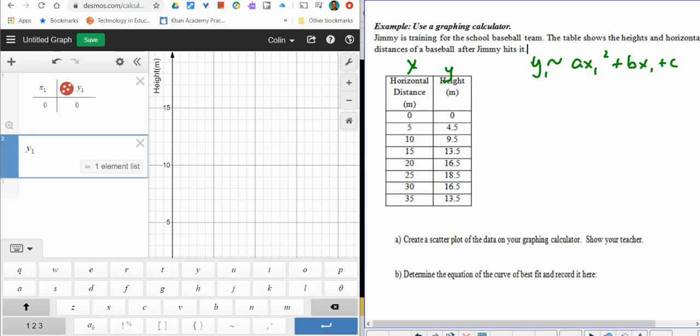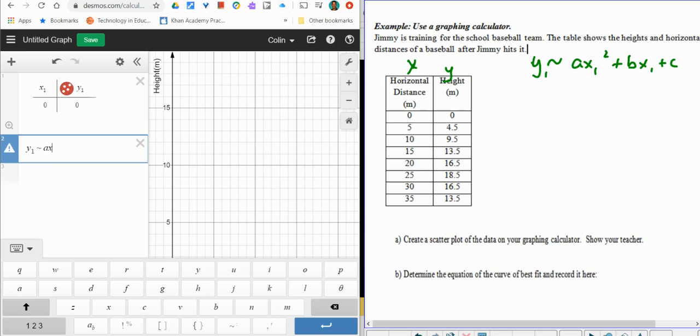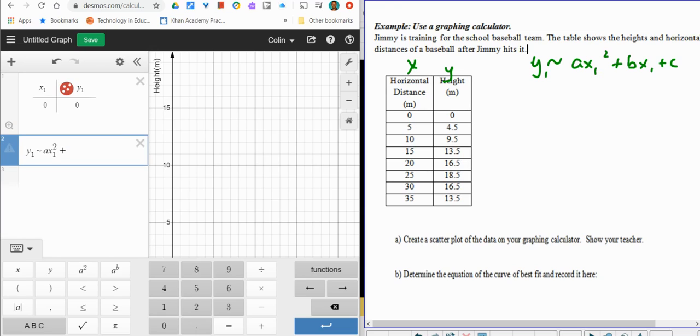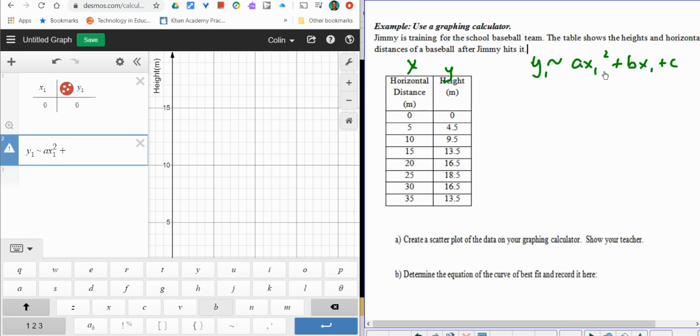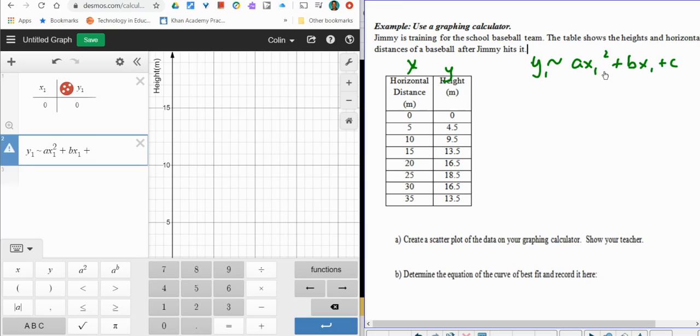Okay, and then you have to find that symbol on the keyboard right there, not 2. Then we're going to go a, x, and we need the numbers again. 1. You got to do the 1 before you do the squared. So do the 1 before you do the squared. Plus bx, again 1, and plus c.